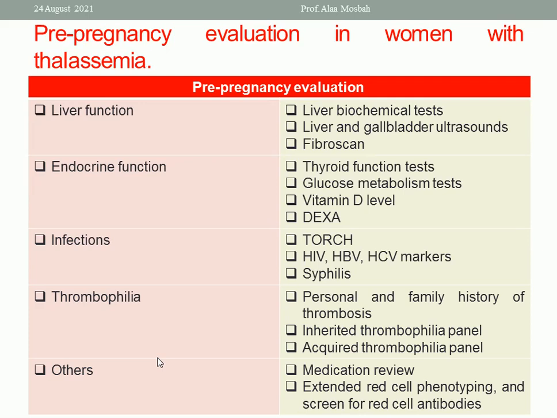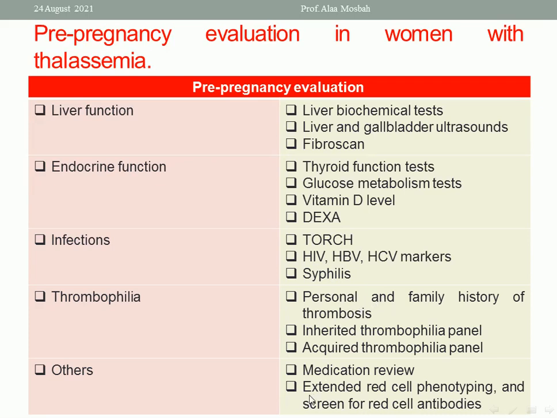For infection, do TORCH: Toxoplasma, Rubella, cytomegalovirus, herpes simplex, and viral infections like HIV, hepatitis B and C markers, and also syphilis.